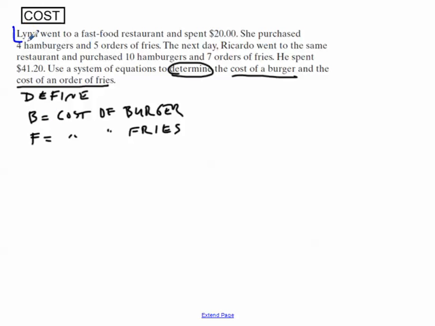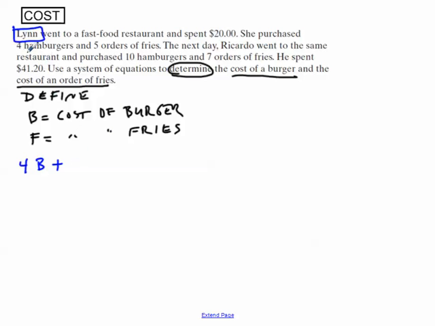We've got Lynn going to the fast food restaurant. She spent 20 bucks, but she got 4 hamburgers. So 4 times the cost of a hamburger, and that would be in dollars. 4 times a dollar amount is dollars, and you can use some unit analysis as you go along. You should always end up with units of dollars.